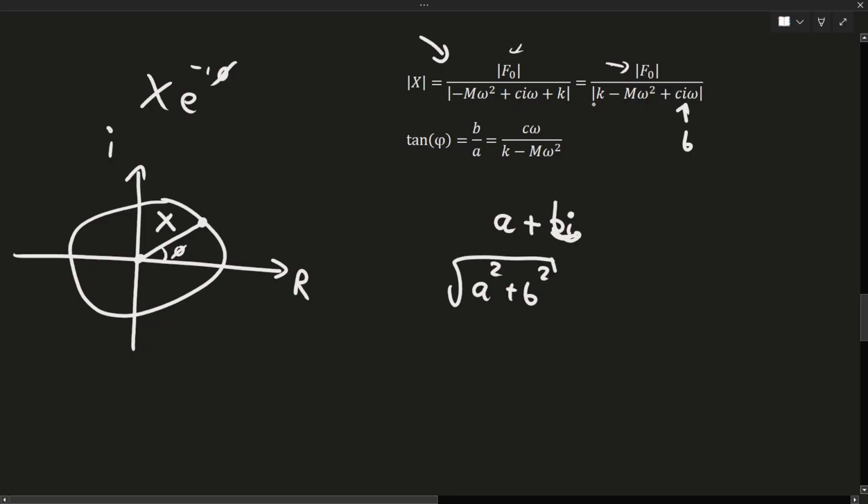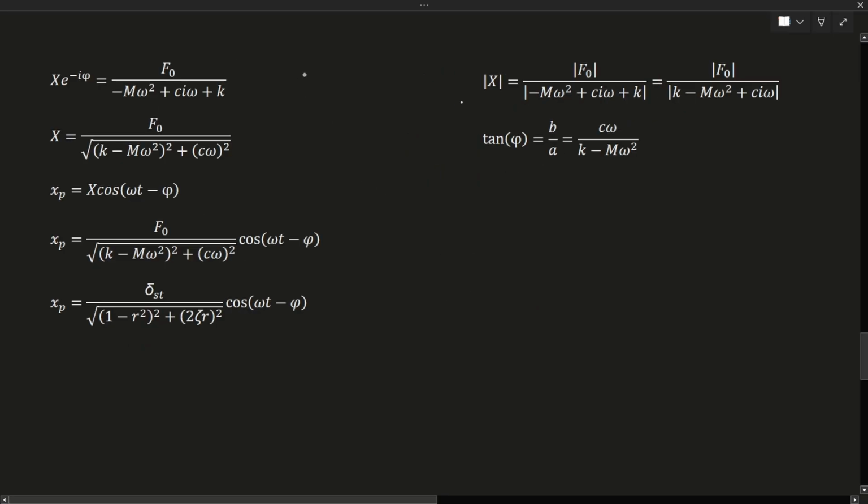This is your b, and this you consider your a, all right? And to find the angle, it's just, again, trigonometry. You take b divided by a, and the tangent of your phi is equal to that, right? So they're considering b as c omega because it's multiplied by i. That goes on top, this goes on the bottom, all right? So this is what we're left with. We left off over here, right? So we define the magnitude of x as this.